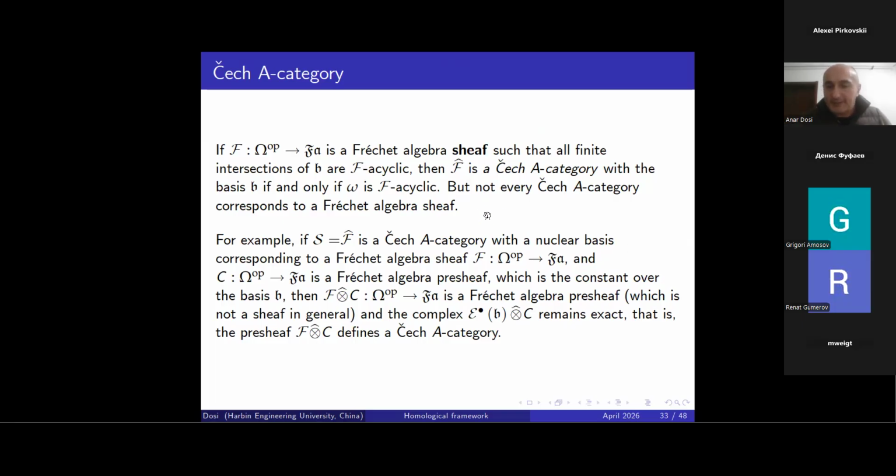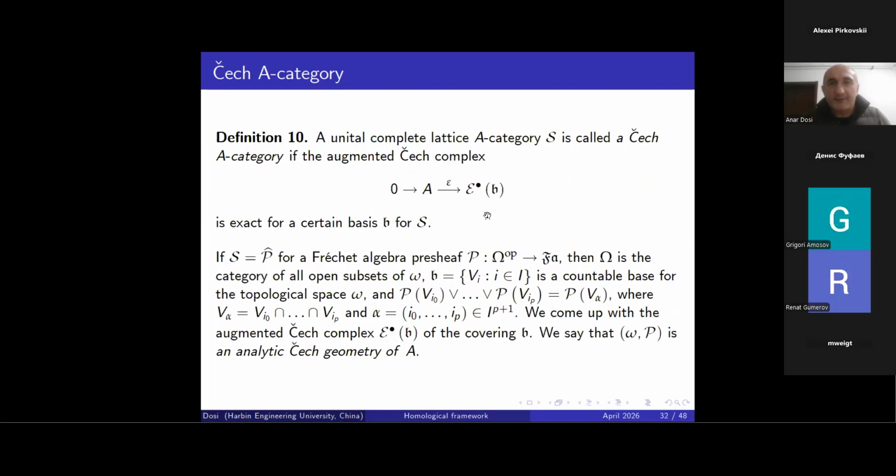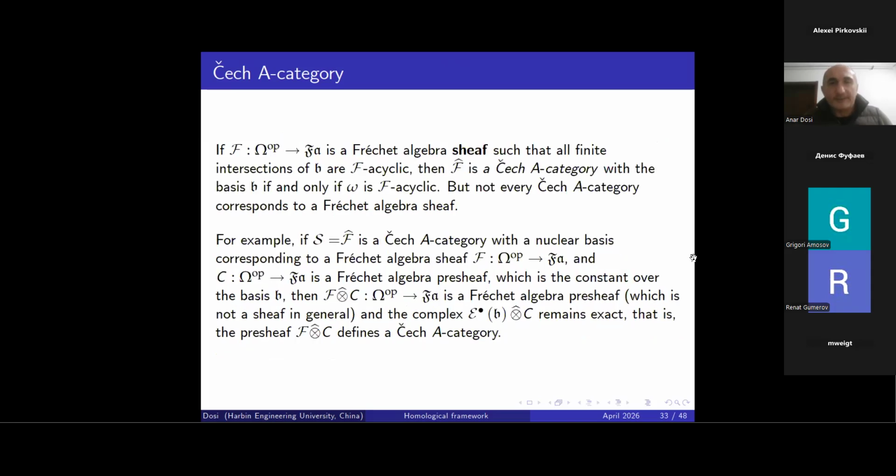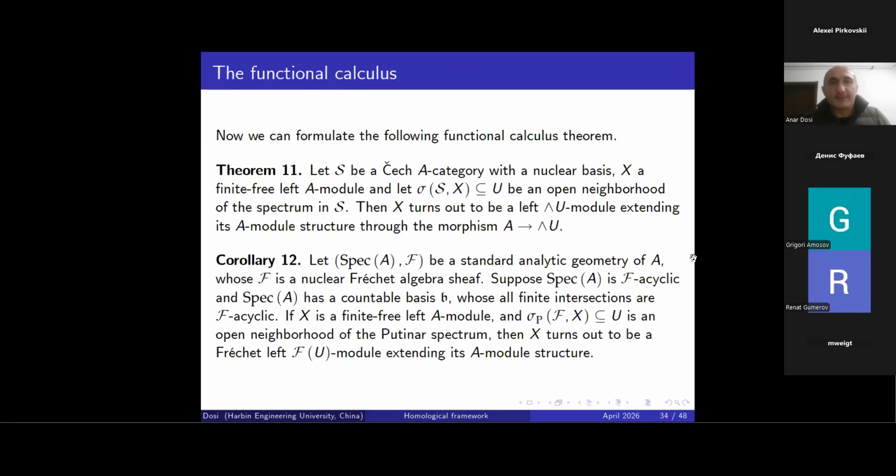Verification of this condition, first of all, let me say again, the verification of exactness is not so hard. It's sometimes easy, the calculation of this Čech complex. Okay, look, this is my functional calculus theorem. Let S be a Čech category with a nuclear basis, X a finite free left module.